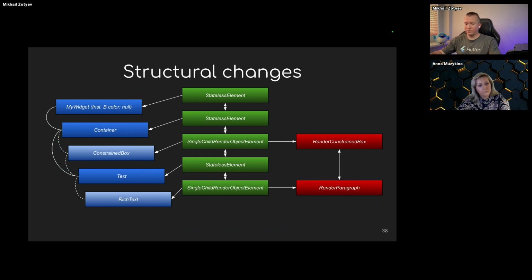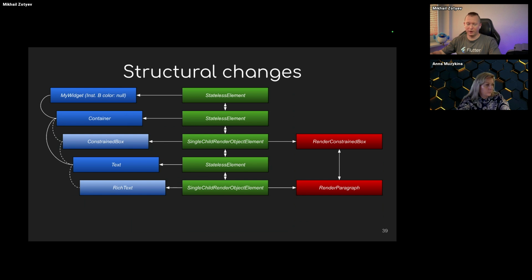After this, create a render object for those widgets and insert it again. And after all this work is done, at the end of the frame, we also need to destroy the whole subtree which we already removed from the screen.